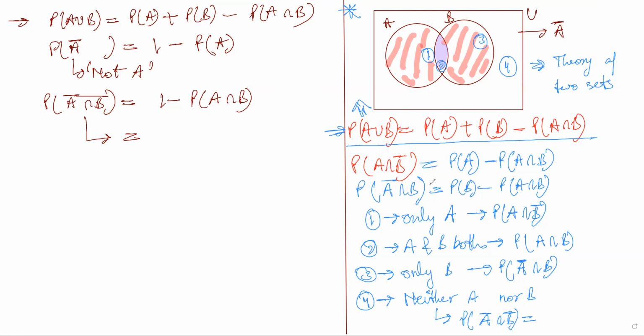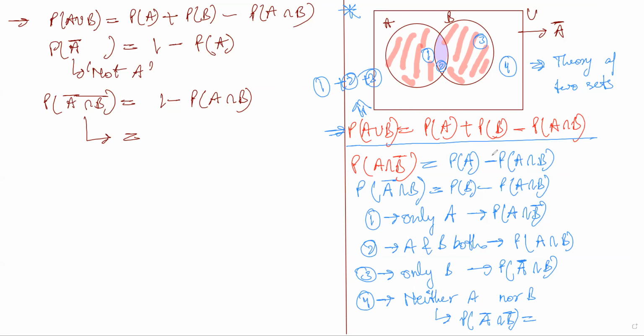A union B says either you should have A or should have B, or you can have both as well. So A union B is basically first plus second plus third. A union B is basically all the portion which is either in A or in B. But we have some portion which is present in both. It's good, we are fulfilling our condition. No worries. You understand this? Yes, sir. Okay. So A union B is 1 plus 2 plus 3.